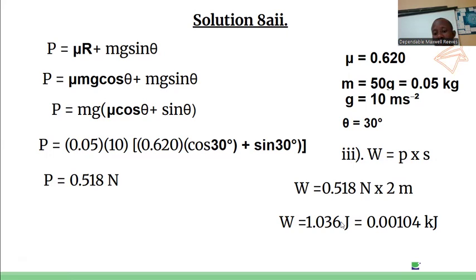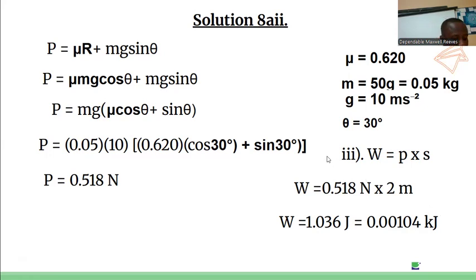But we were asked to express our answer in kilojoules. So converting the value, we have 0.00104 kilojoules. So this was the expected answer for question number 8A on WASSCE 2025 Physics Paper 2.